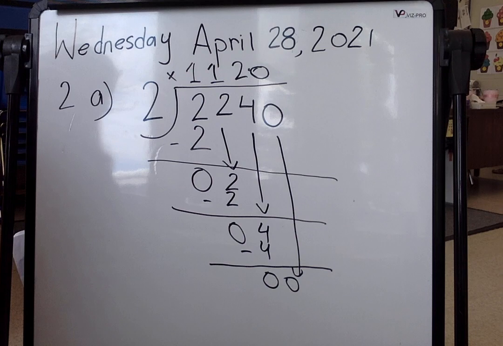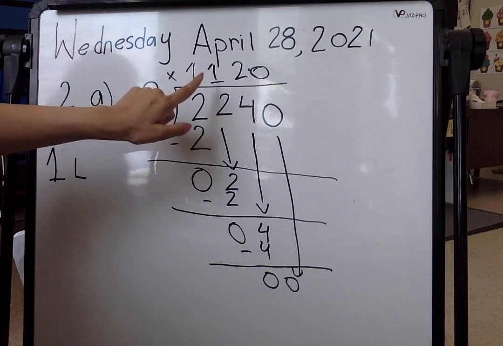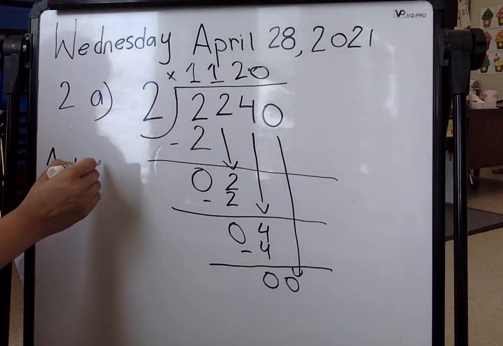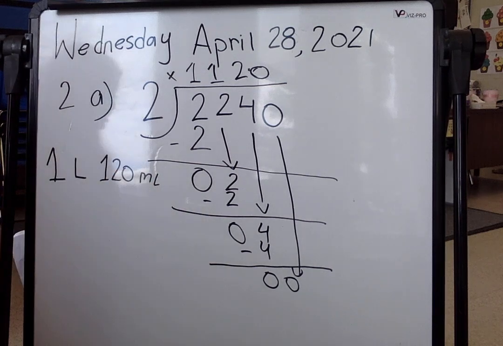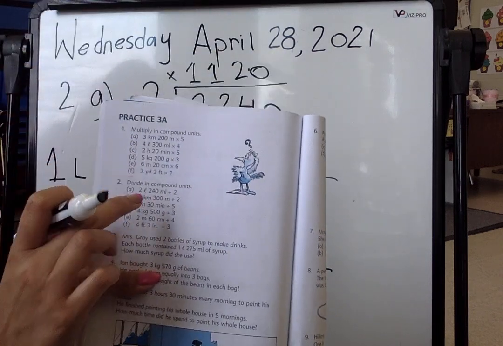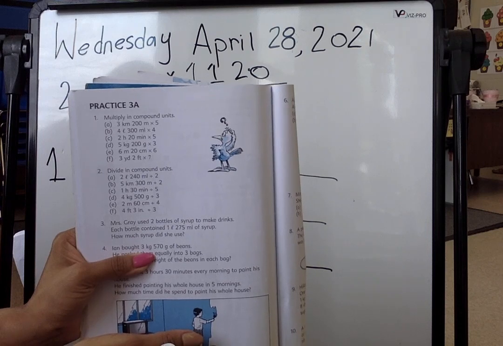Because remember, our thousands number gave us our liters. So we have 1 liter and 120 milliliters. Does that make sense? So I'll have you go ahead and do the rest of these questions on your own, and only then can you go ahead and check your answers.